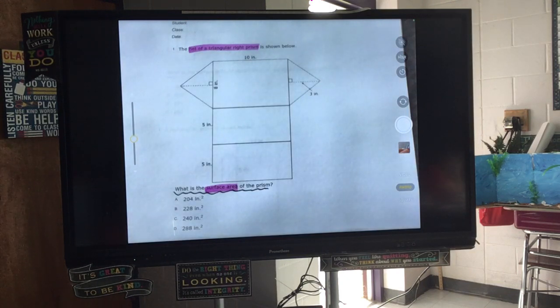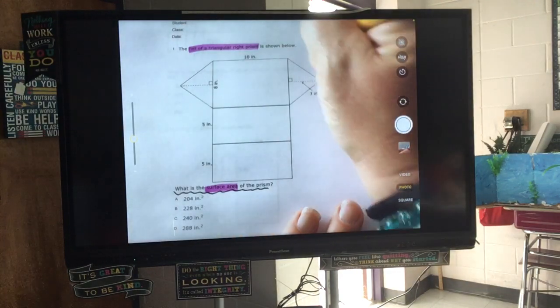Okay, so we have our net. I feel like surface area is much easier when you are given a net or when you draw a net and you label it correctly because, to me, it's a little bit easier to break it down. What do you notice about this shape? Andrew? There's 3 rectangles. All right, what's the formula to find the area of a rectangle? Mariah?